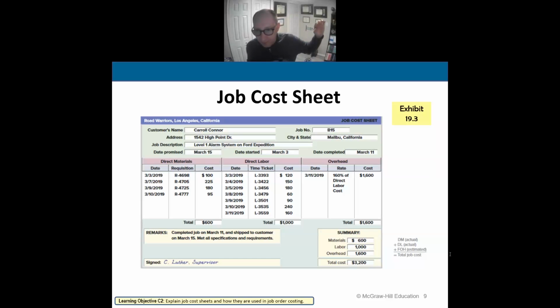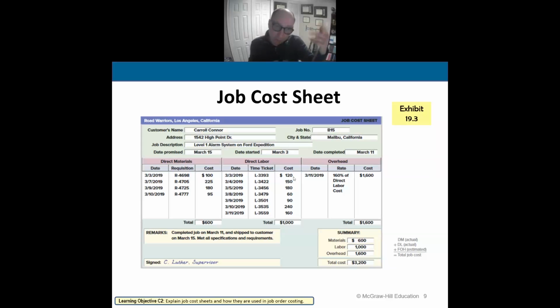So I take all of the direct materials that make up the total cost of the car. I got some steel, some aluminum, some engine components, some wiring, etc. I add all those up.